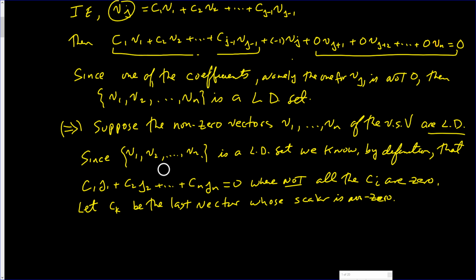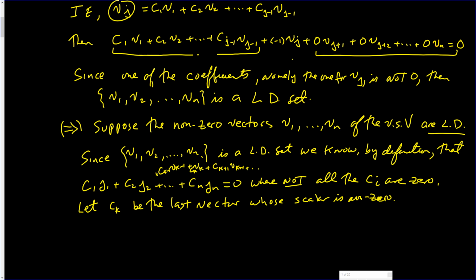So we'll have a C sub k minus 1, V sub k minus 1, plus a C sub k V sub k, plus C sub k plus 1, V sub k plus 1, and so on.